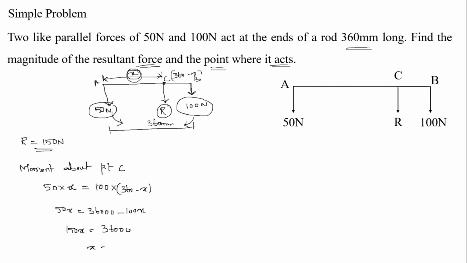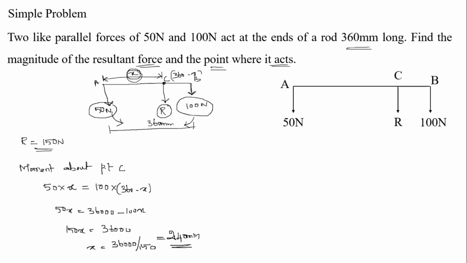So x is equal to 36,000 divided by 150. How much is 36,000 divided by 150? It is equal to 240 mm.